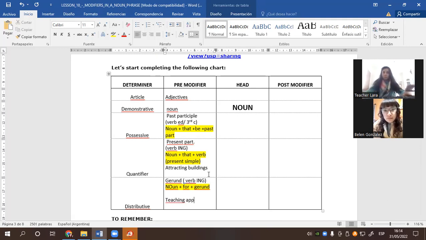App as in application, you know? So let's apply the rule to this example. An app for teaching. So in that case, it's a gerund. But can you spot the noun meaning in teaching?